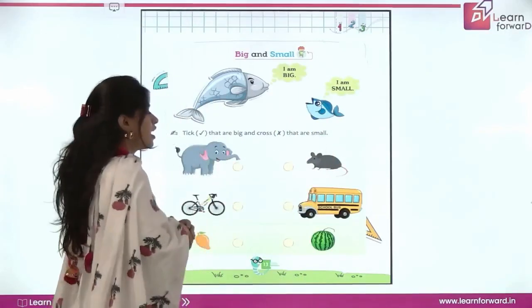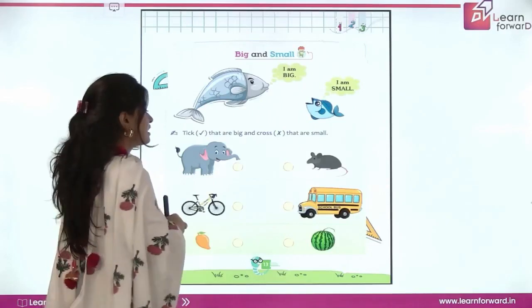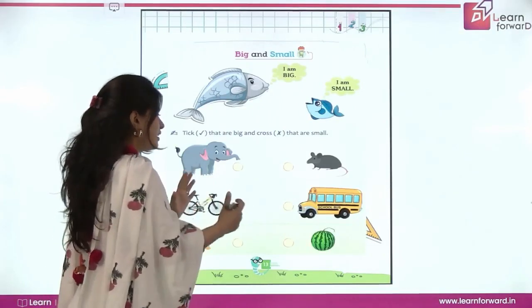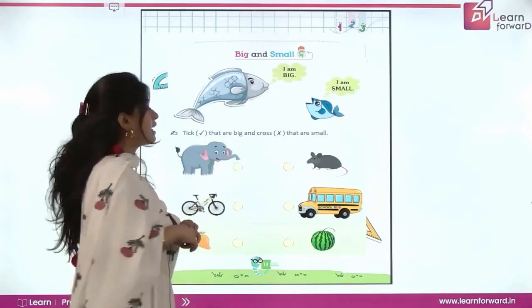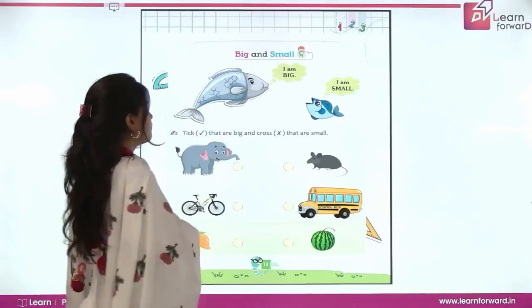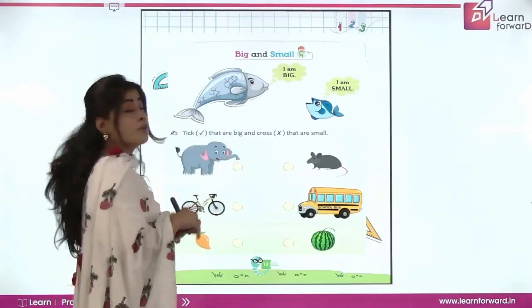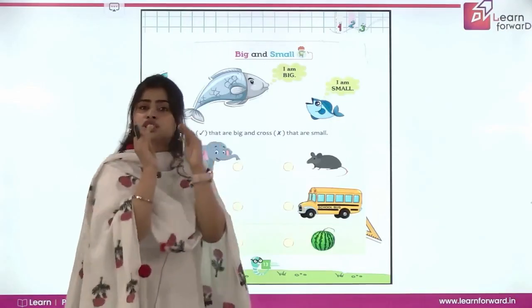Okay, now we have the activity to do. You have to tick on the ones which are big in size and cross on those that are small.